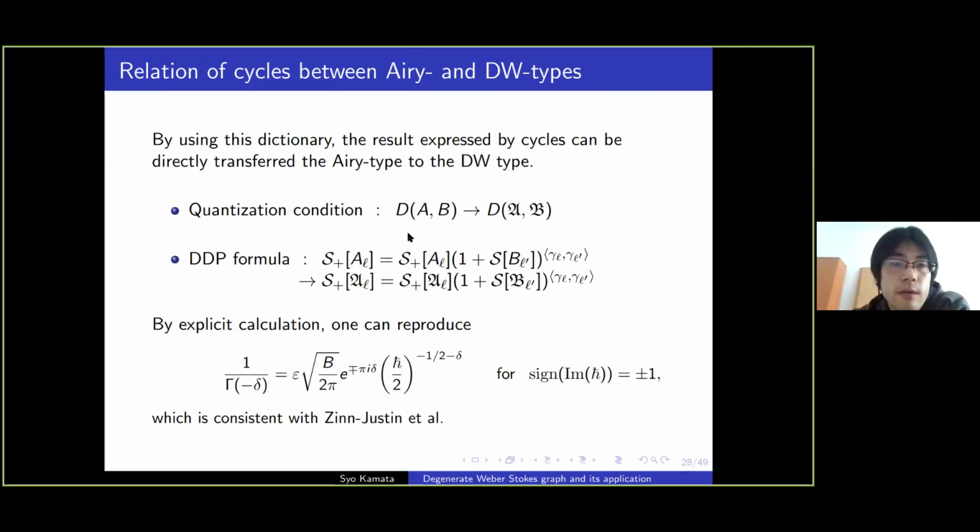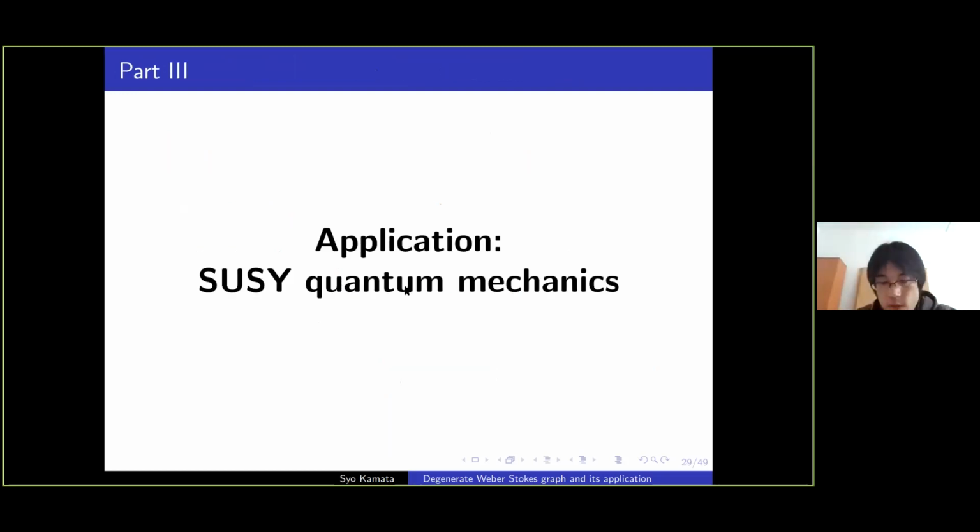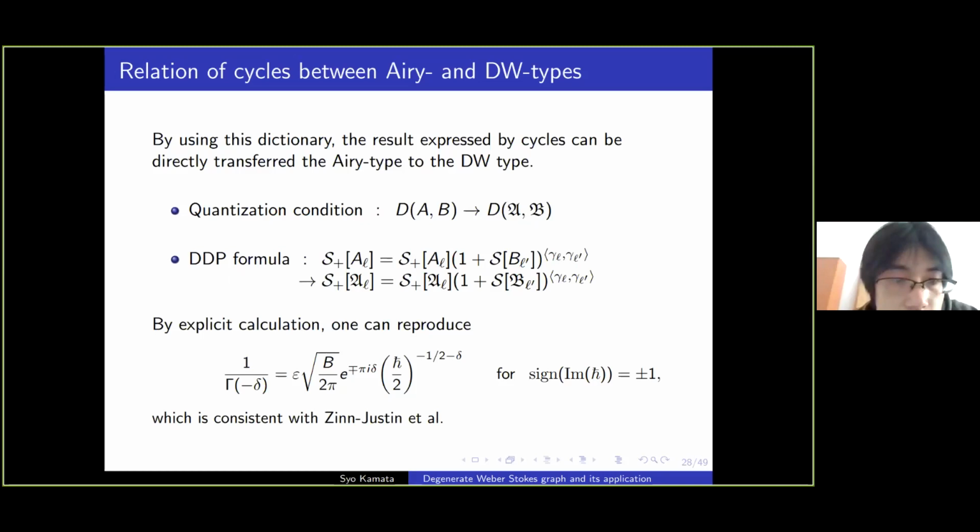From the ARA type, we can get the connection constant of the degenerate Weber type, and also directly we can get the DDP formula, which can be reproduced by replacing with our new cycle definition.